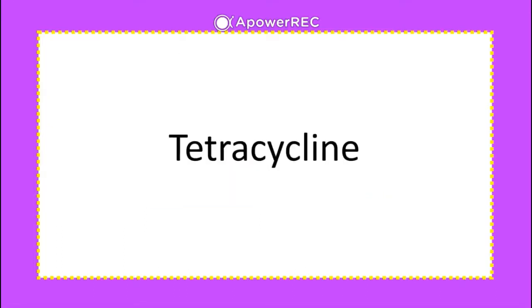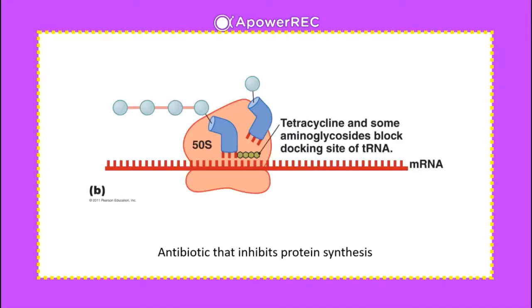The next one is tetracycline. Tetracycline is an antibiotic that blocks the 50S subunit. It interferes with the docking site of tRNA, and without the tRNA, it cannot release the amino acid according to the anticodon.